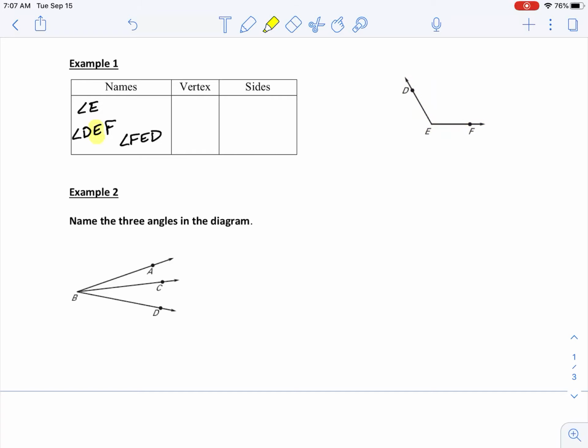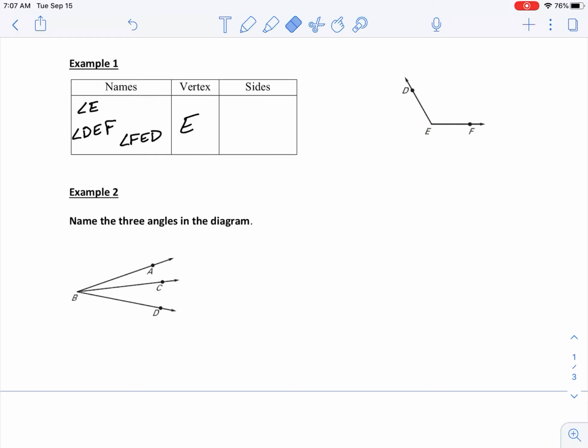Some things to notice here when we're naming our angles. If you look at these 3-letter ones, I have the vertex, which kind of gives it away for this next part, but it is always in the middle. So when we are naming angles, we want the vertex in the middle, and the vertex is that shared initial point, or that shared endpoint.